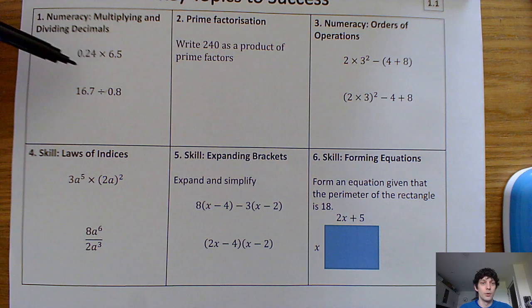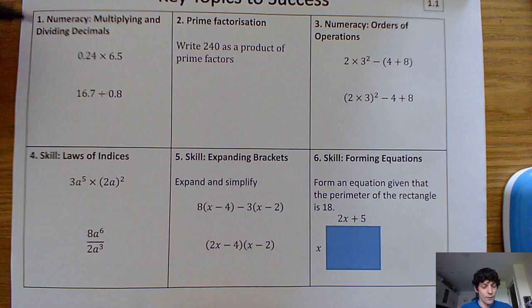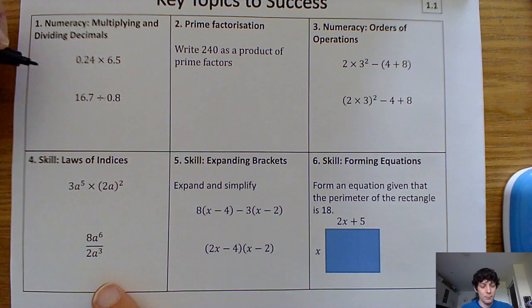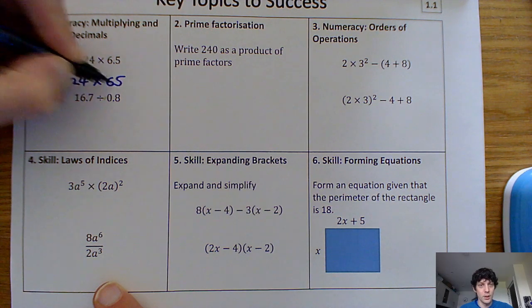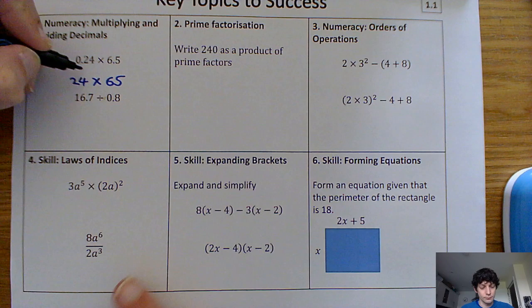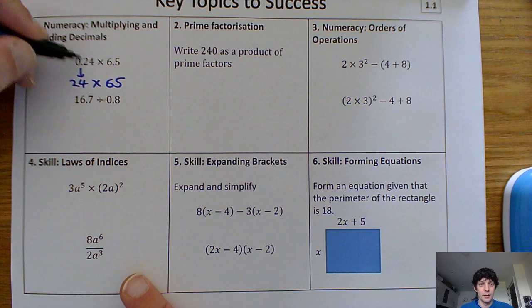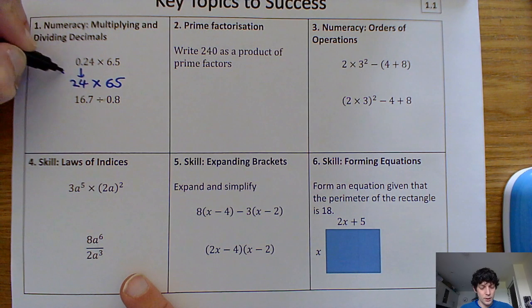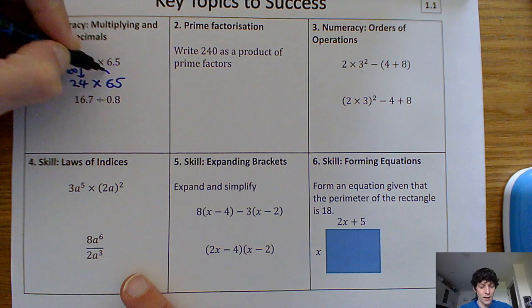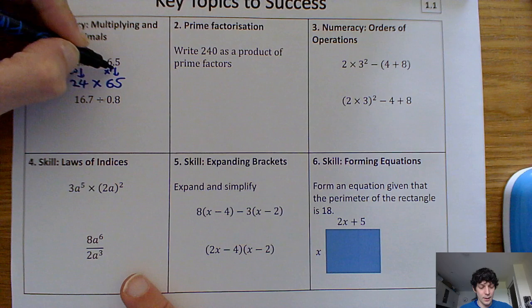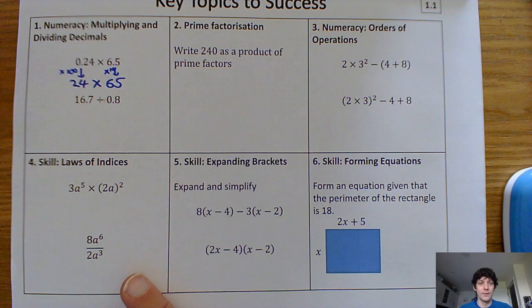So I'm being asked to do 0.24 times 6.5. What I want to do when I'm multiplying decimals is get rid of the decimals. So I want to think of this really as 24 times 65. 0.24, I'm multiplying that by 100 to get 24. 6.5, I'm multiplying by 10 to get 65.